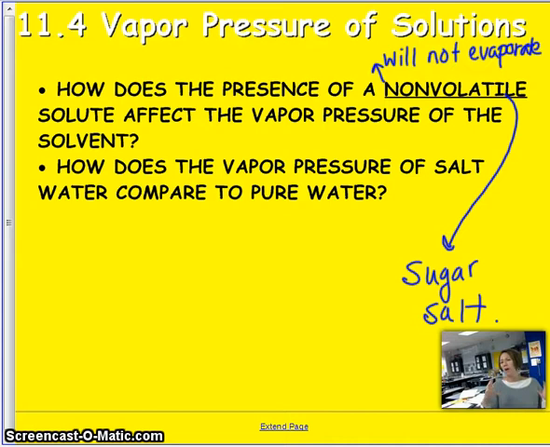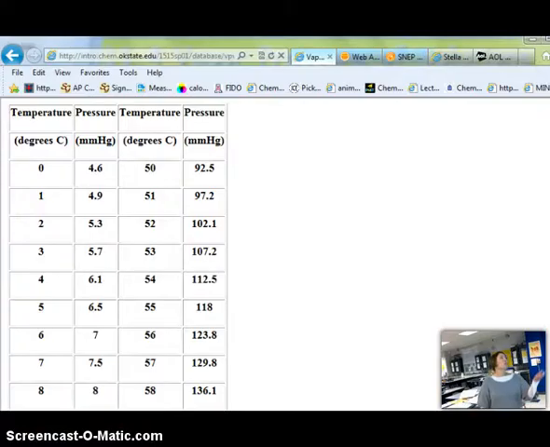Let me show you a table that gives you the vapor pressures of water at different temperatures. This is from Oklahoma State Education Department, and you can see that as the temperature of water increases, the vapor pressure of water above it also increases.